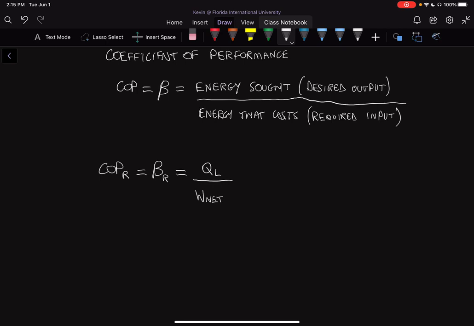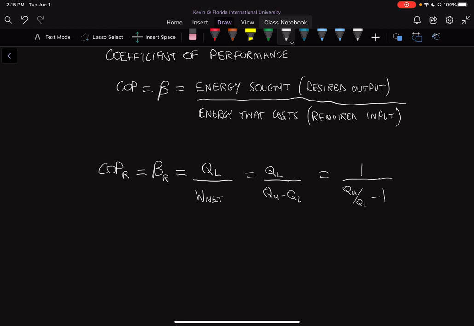So from our equation for W net, we can rewrite this as QL over QH minus QL. And we can rewrite this in another manner by saying that it's 1 over QH divided by QL minus 1. Just different ways of writing the same equation.